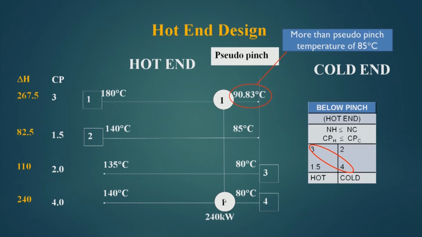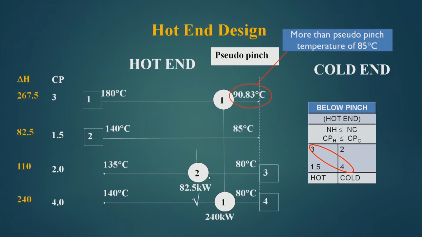So, the heat exchanger number 1 match is an acceptable match, because it obeys all the rules, and this is a pinch match. So, the rules have to be obeyed very strictly for this case. Once I put this match, this stream is ticked off.